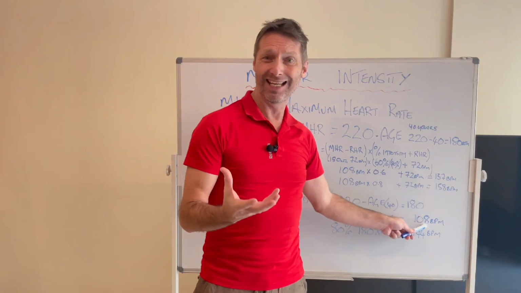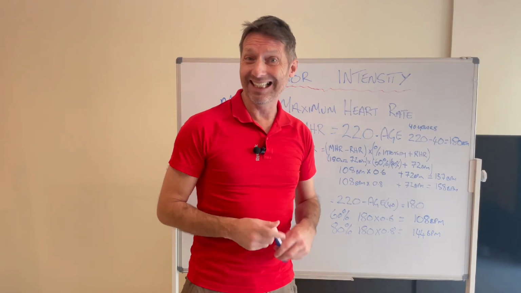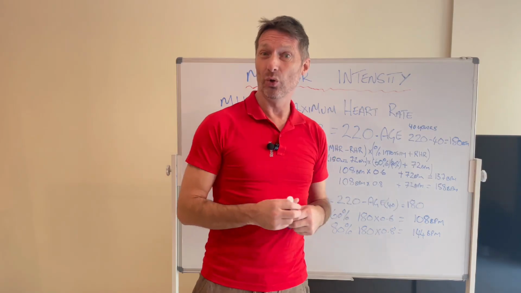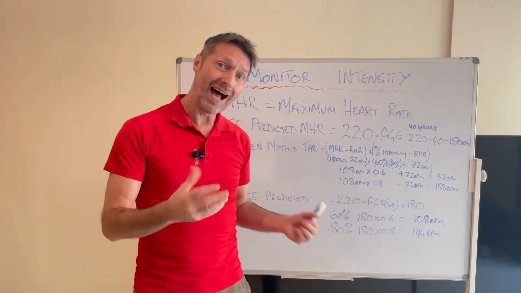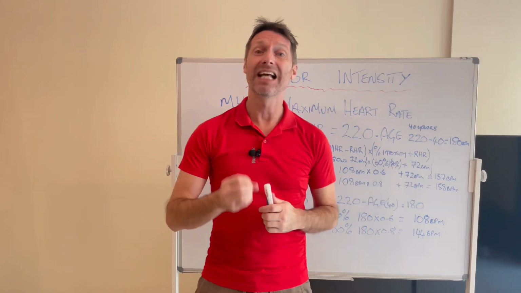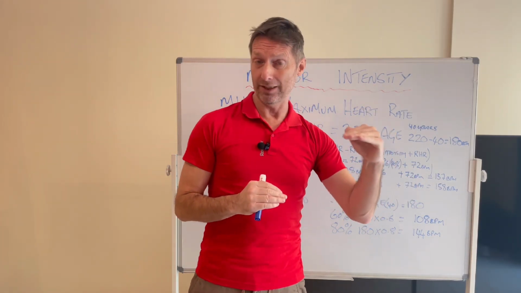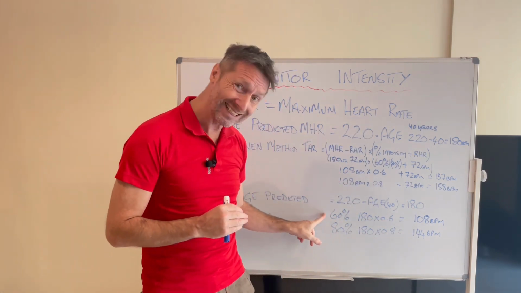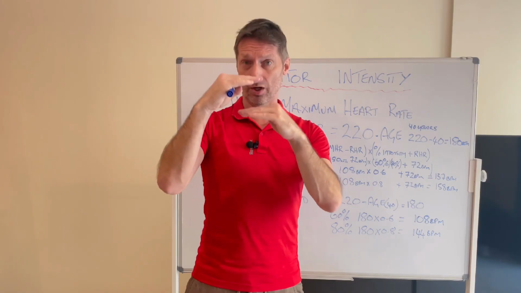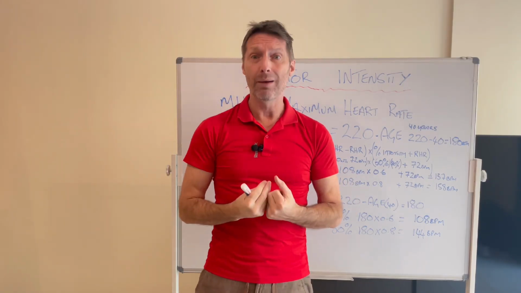So this could be then down into the high 80s for beats per minute for my client being 10 years older. And if my client had a resting heart rate, which I'm using here, an example of 72 beats per minute, so the client going from 72 beats per minute going to 60% of their maximum heart rate won't be that much. So their intensity would be a lot lower than what I would like them to train at.